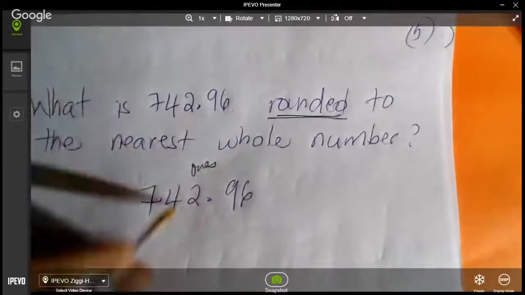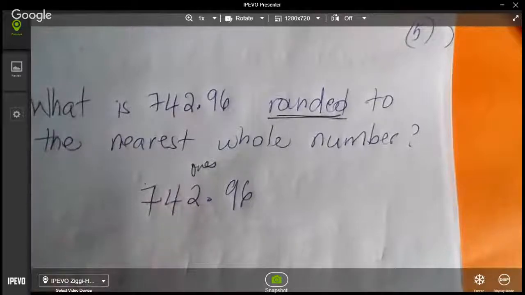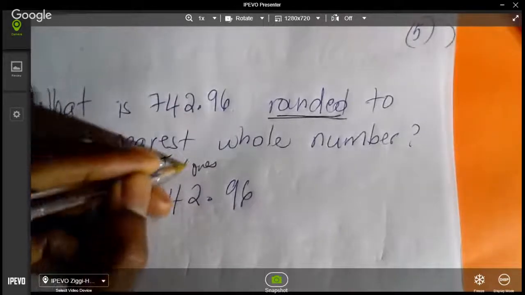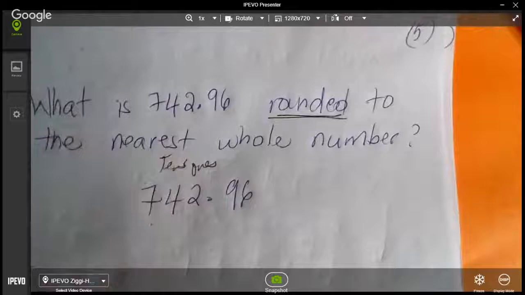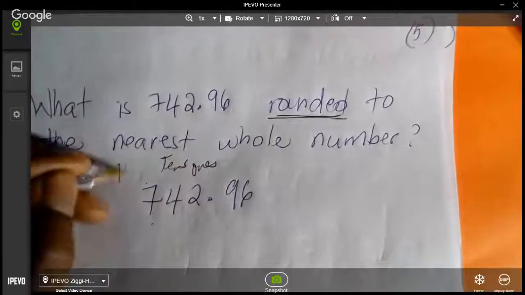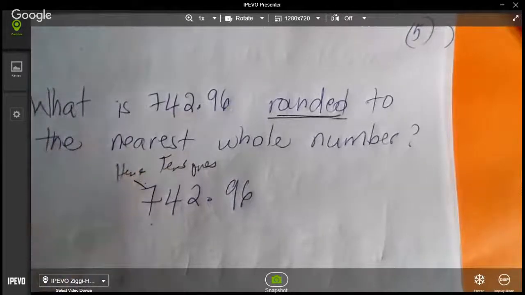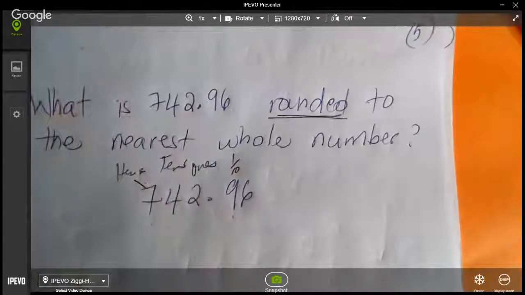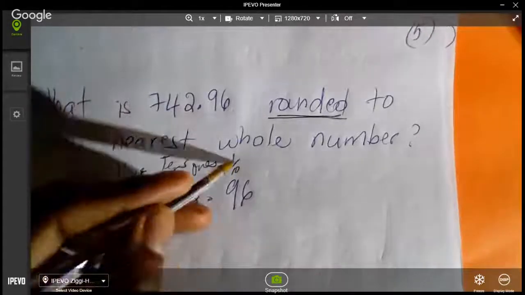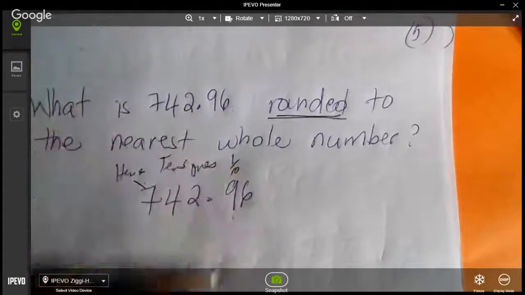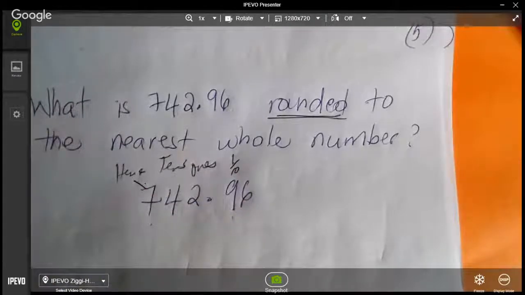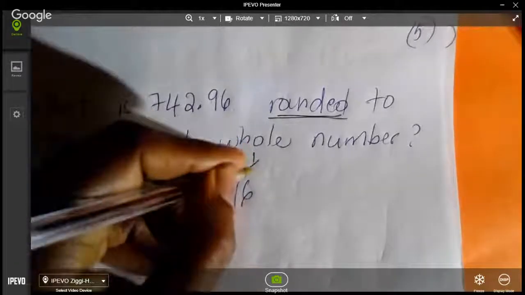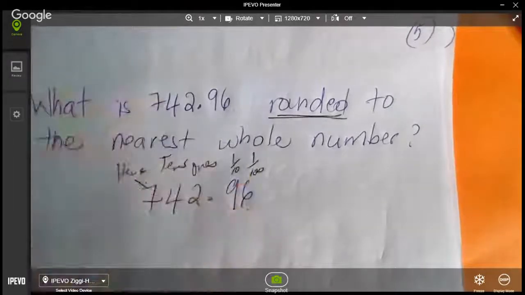Ones. The 4 would be in what place? Tens place. And the 7? Hundreds. The 9? Tenths. Is that a fraction? Yes, sir. So I have nine parts out of the 10. What about the 6? Hundredths. So I have only 6 parts out of the 100.